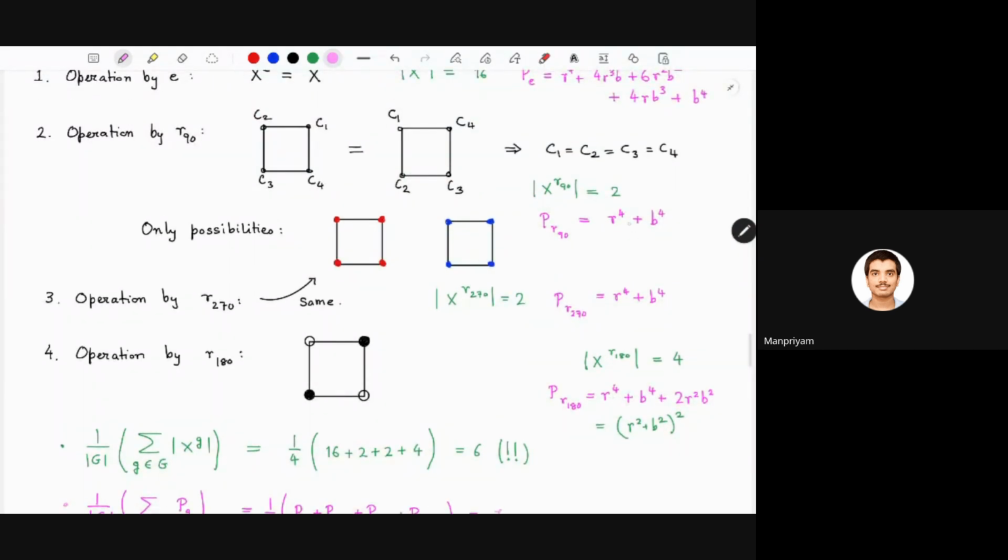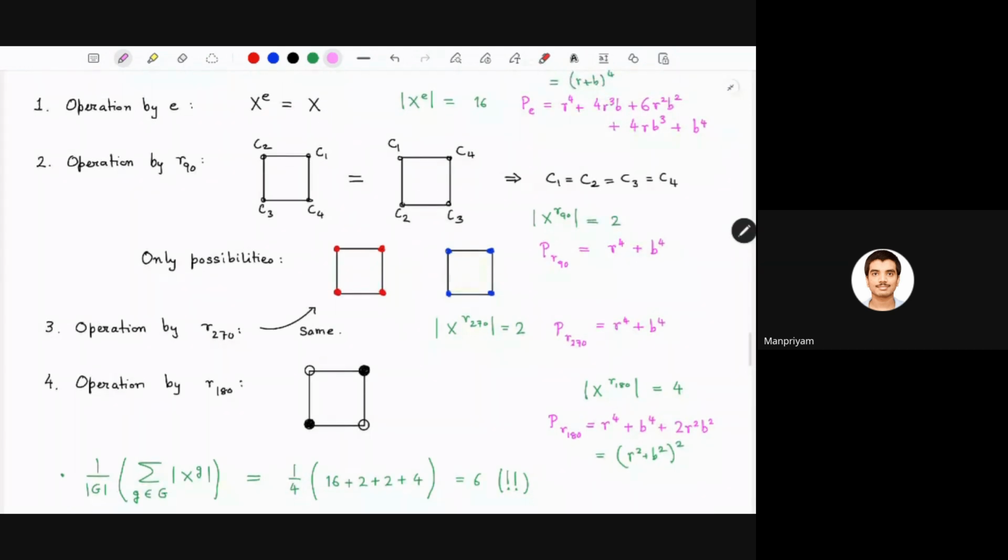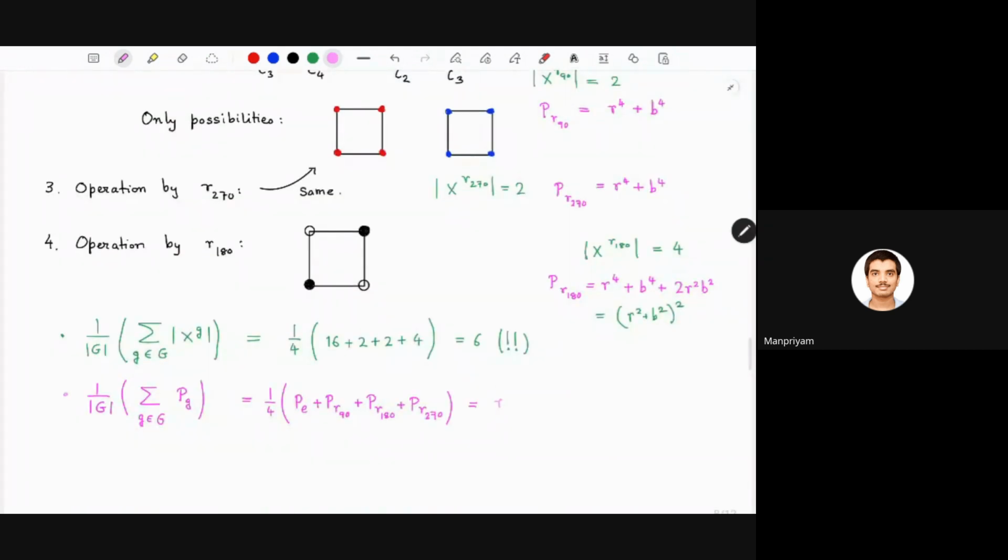So there are four r to the power 4s here. Okay, you can figure it out that we get precisely the answer that we are looking for. So we get r power 4 plus b power 4 plus r cube b plus b cube r plus twice r square b square. Okay, and this is precisely what we wanted. This is P.